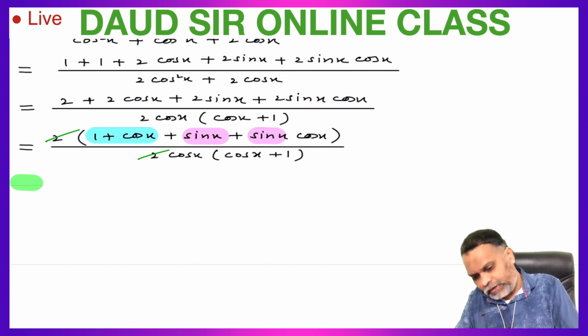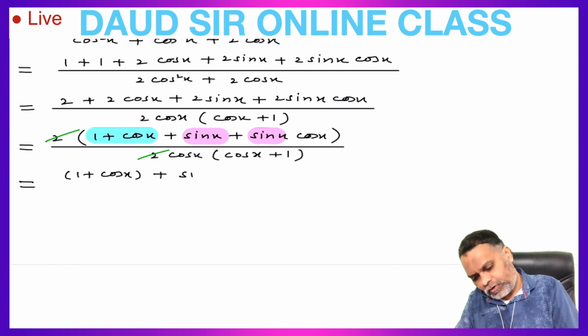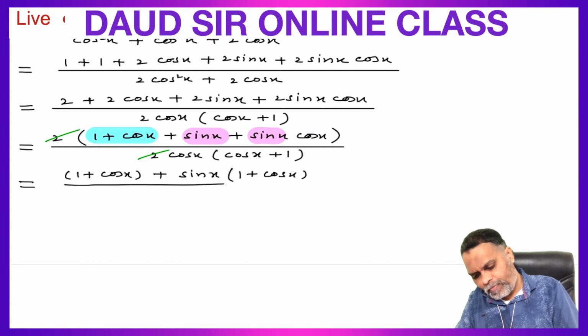So which is equal to 1 plus cos x as it is, plus take out sin x common from the last two terms. So 1 plus cos x, upon cos x into (cos x plus 1).